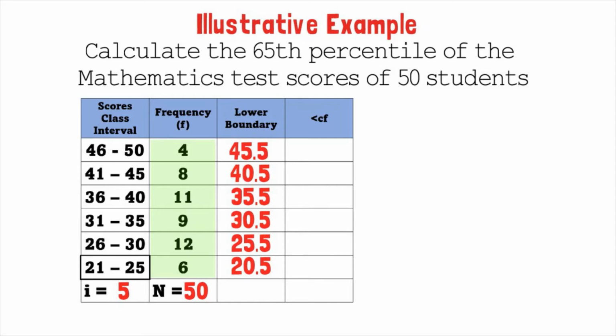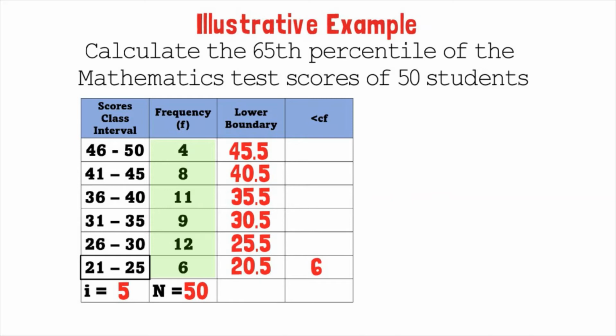Ang susunod naman ay ang ating less than cumulative frequency. So, ang una nating gagawin ay kokopyahin lang natin kung ano ang frequency ni first class at ilalagay sa kanyang less than cumulative frequency. So that is 6. Next ay i-add lang natin ang nakuha nating sagot sa frequency ni second class which is 12.